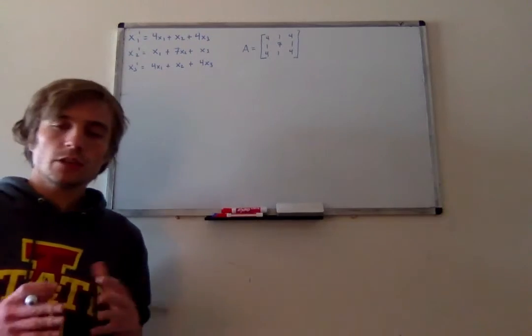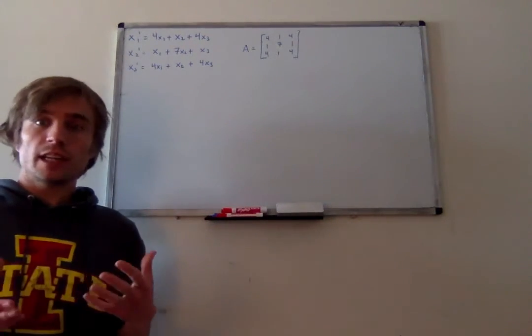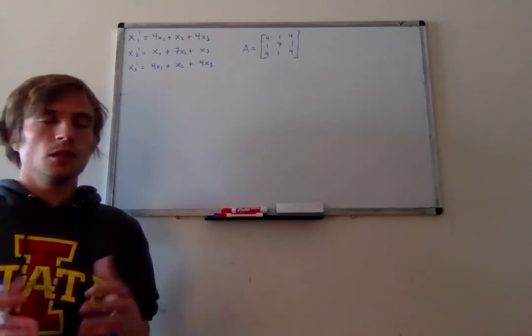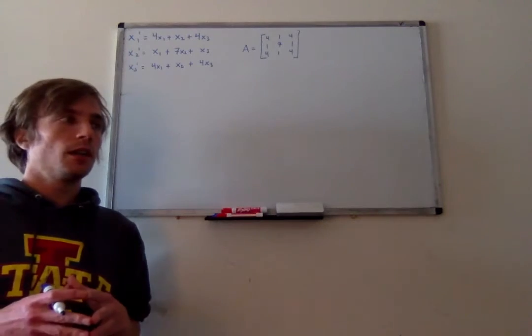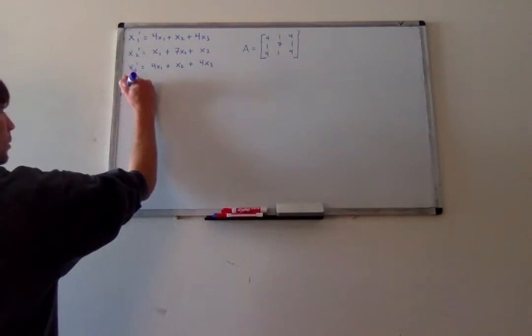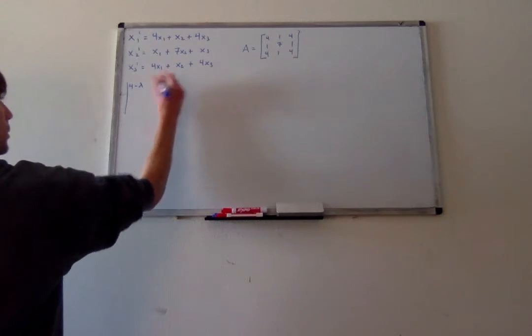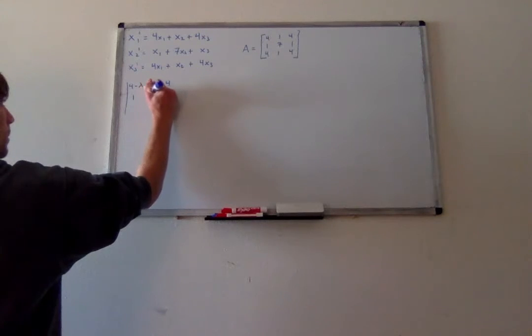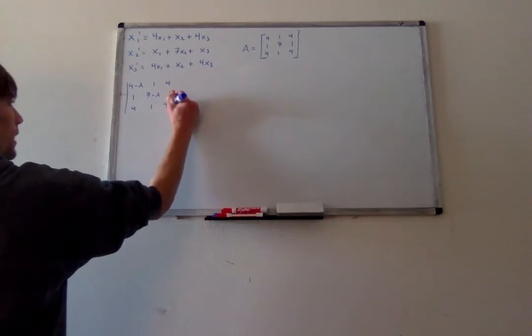That being said, I'm still going to lay out the general process for how you'd set this up to find the eigenvalues if maybe you didn't have nice properties like that to let you guess. So again, we're going to calculate the determinant where I've subtracted off lambda from each diagonal entry.